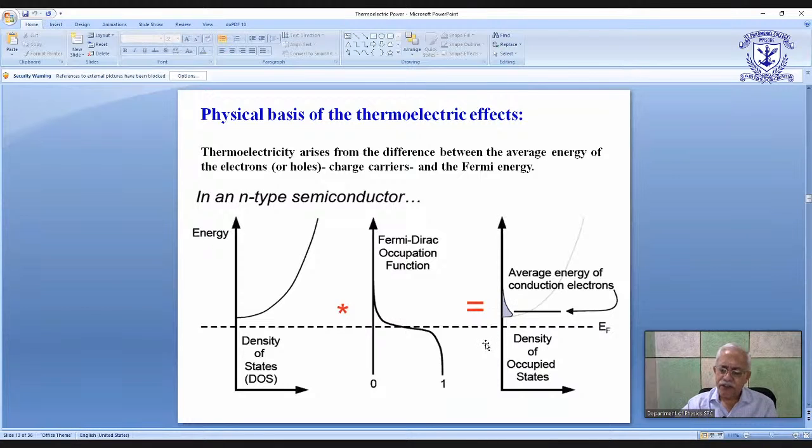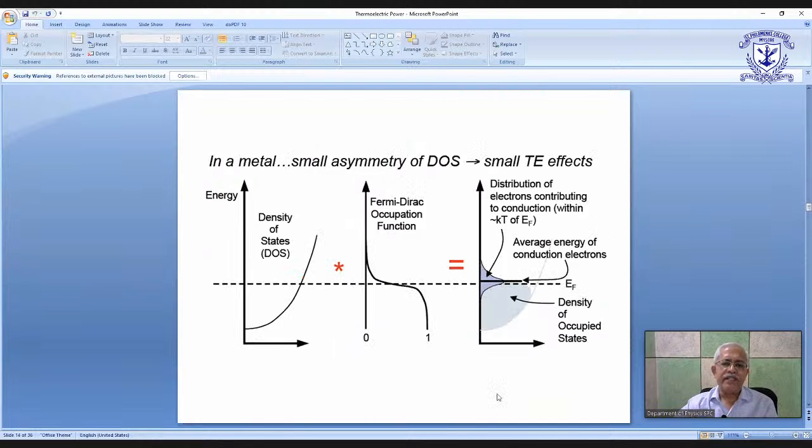In the next graph, we will see the same thing for a metal. You see, in a metal, there is no band gap. Not only are all the levels up to Fermi level occupied, but levels even beyond Fermi level will be occupied, and all these electrons will be available for conduction, because there are a whole lot of empty states above at larger energies.